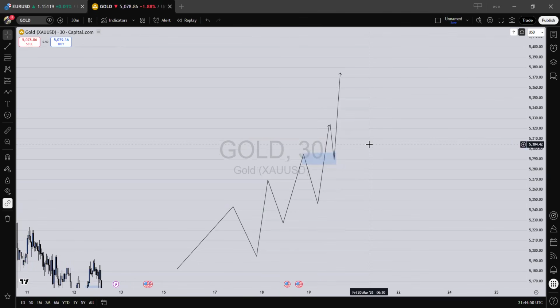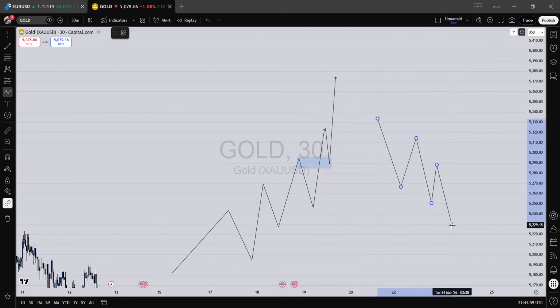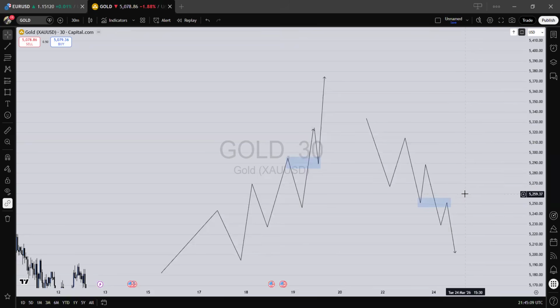It can be anything, as long as it's a supply zone or the price has taken out a failed demand zone. But it has to be that the trend is already established. Like, you already know the trend. Okay.